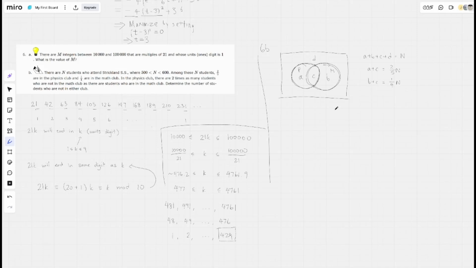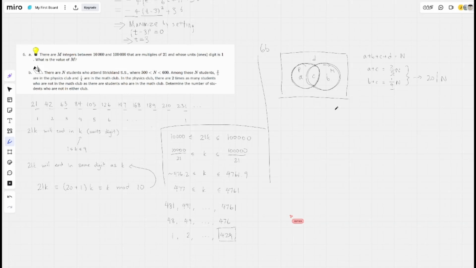Since A, B, C, and D are all integers, both of these expressions have to be integers. Therefore, n is a multiple of 4 and 5. This means that n is a multiple of 20. So that's just something to note first.